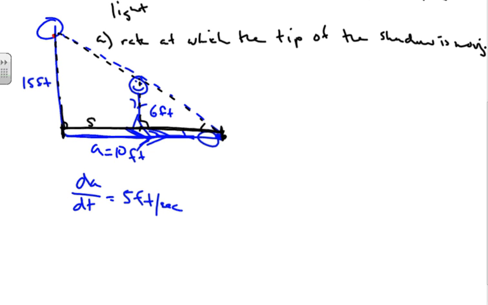The base of this big triangle is 15, and that is related to this smaller triangle right there. So 15 is to 6 as S, the whole thing, is to this length right here.